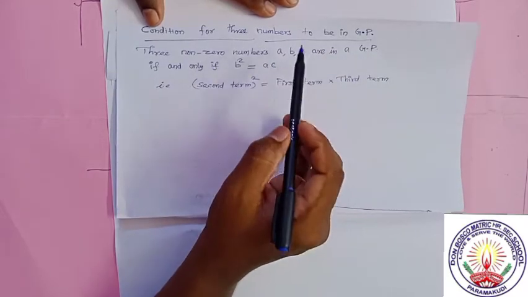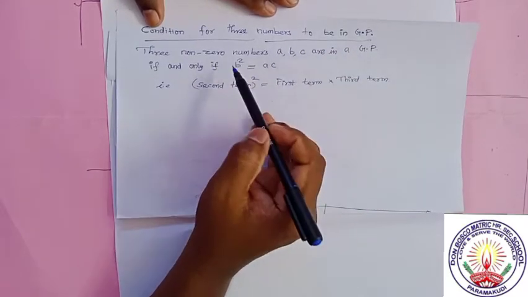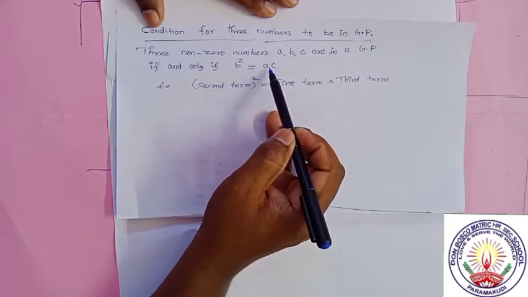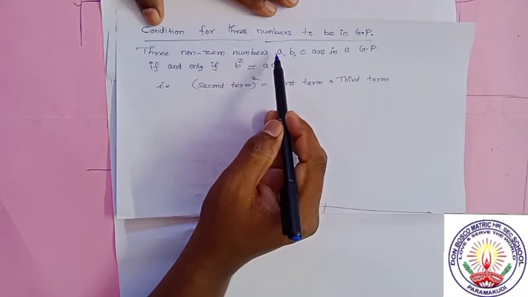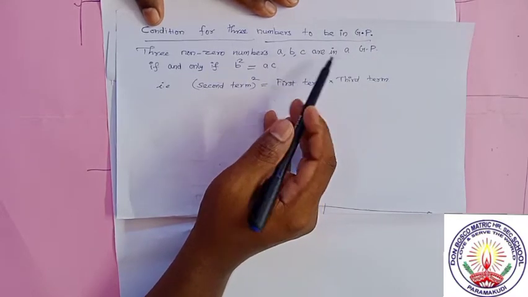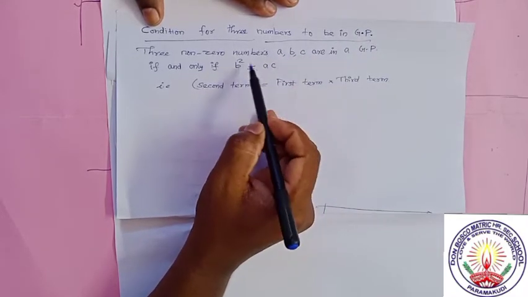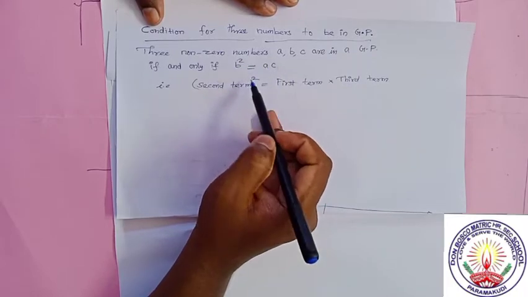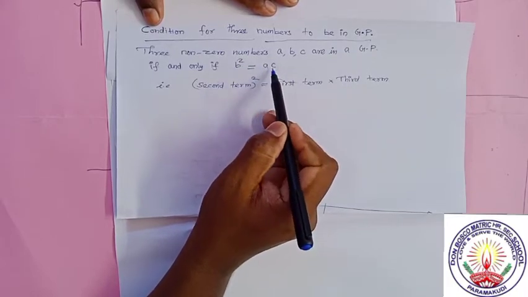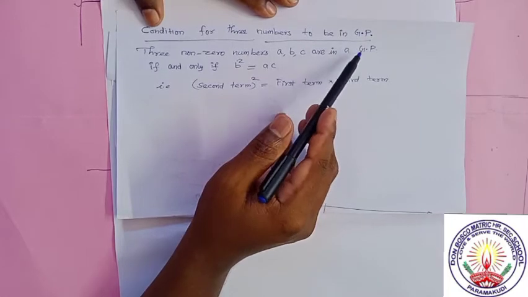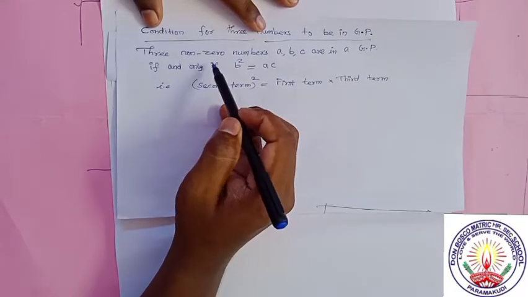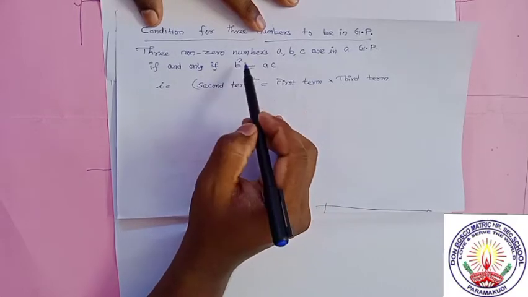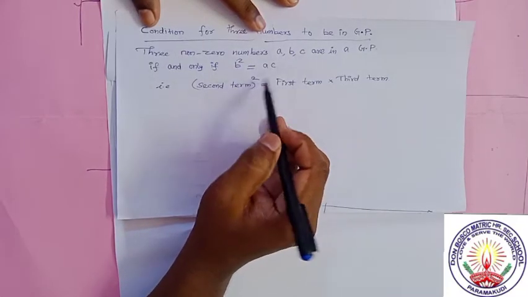That means if A, B, C are in GP, the condition is B square is equal to AC, or if B square is equal to AC, then A, B, C are in GP. If A, B, C are in GP, then B square is equal to AC will come. Suppose B square is equal to AC, then A, B, C can only be in GP. That is the condition, if and only if.